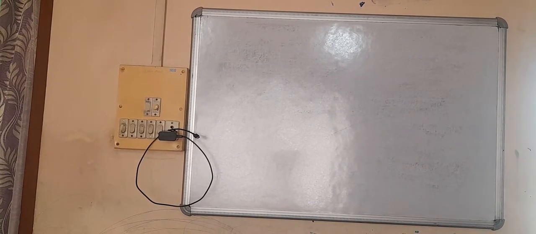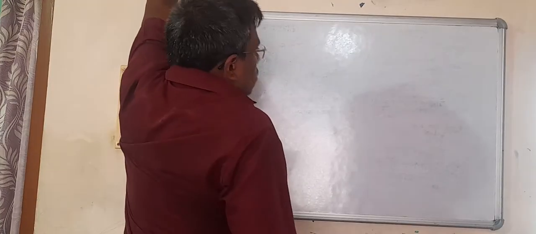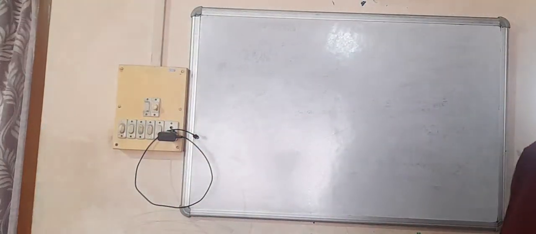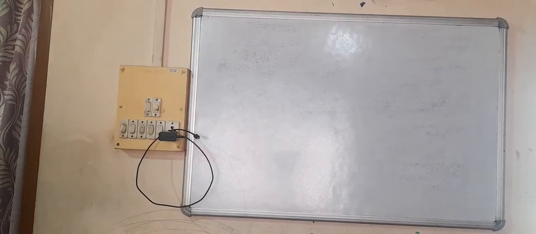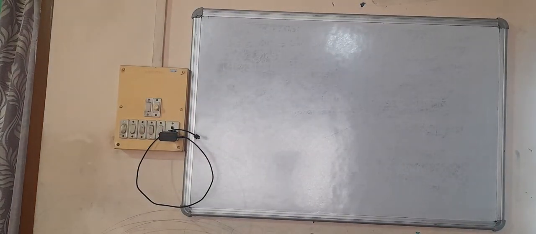Quantitative aspects of electrolysis means how much amount of products will be formed at the cathode, or how much amount will be formed at the anode, on passing a certain amount of electricity. That we are going to discuss.